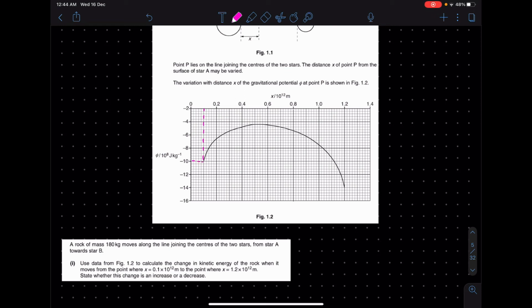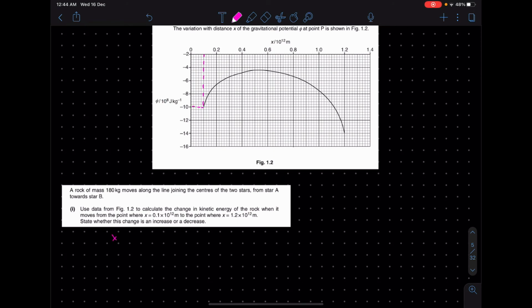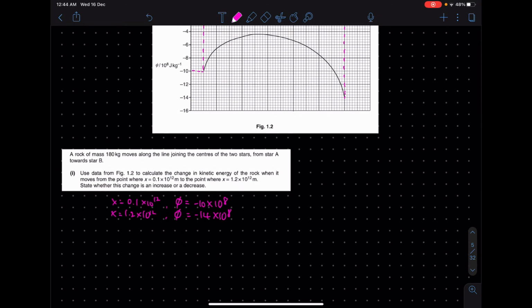So we can write that down to make our life easier. At this x, the potential will be equal to negative 10 times 10 to the power of 8. And at x equal to 1.2 times 10 to the power of 12, we'll do a small trace and find that it's equal to negative 14 times 10 to the power of 8.